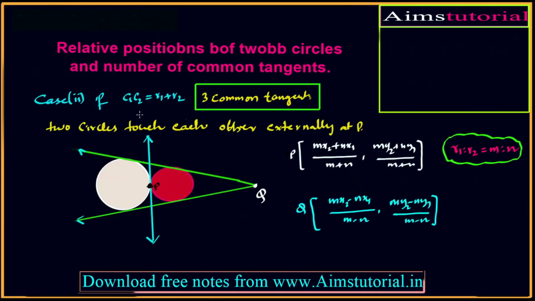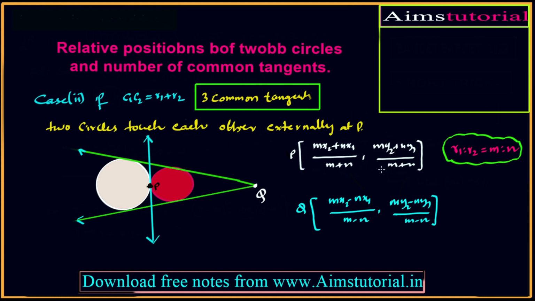Now case 2: if C1C2 equals R1 + R2, that is, the distance between the centers equals the sum of the radii, then we can draw 3 common tangents. The two circles touch each other externally at P, the internal point.